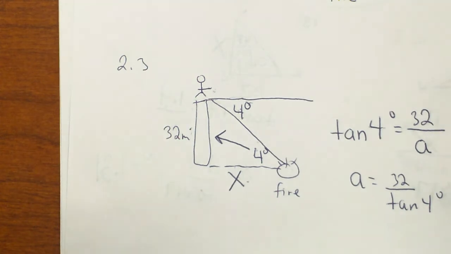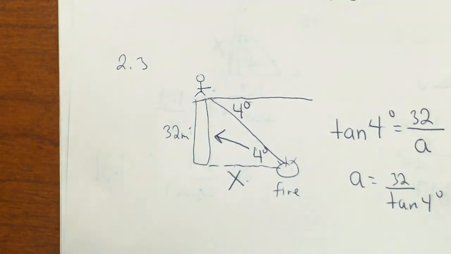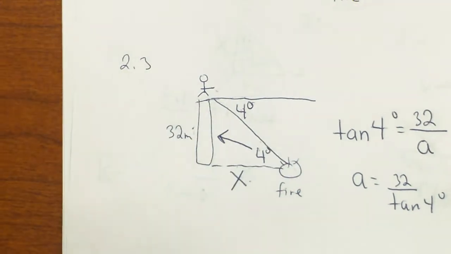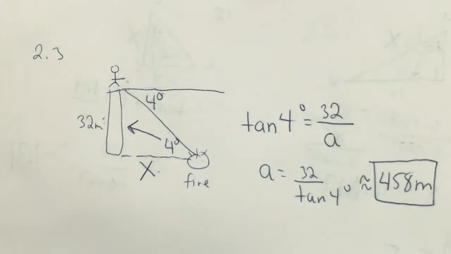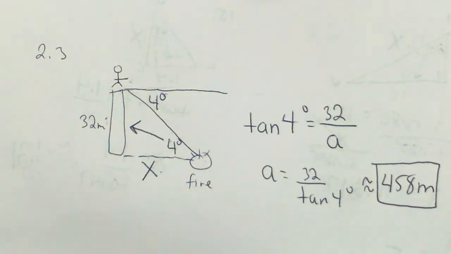So I do 32 divided by tan 4, and that is equivalent on number 23 to 458 meters. So that is his horizontal distance from the fire. Oh, you can't see. Sorry. There we go. Got it?